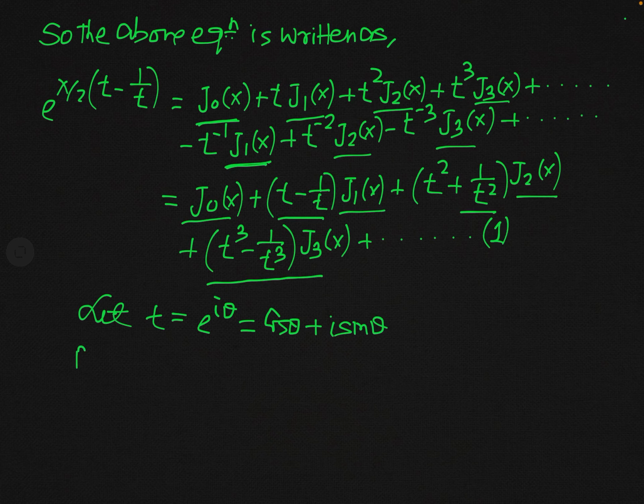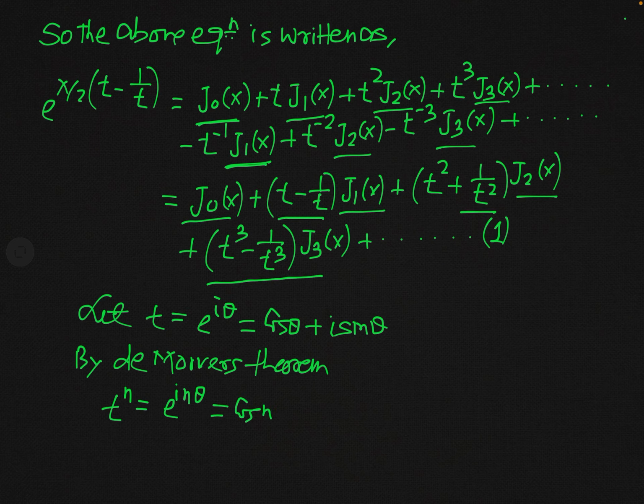By de Moivre's theorem, you know that t raised to the power n will be equal to e raised to the power i n theta, and this may be equivalently written as cos n theta plus i sin n theta.